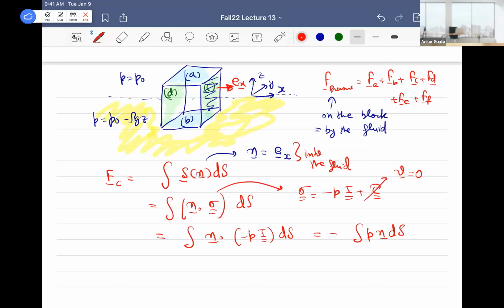So this is a negative n. The pressure force acts opposite to the direction of n, and n points into the fluid, so minus n will point away from the fluid. It's very common to remember that pressure always pushes. I've never forgotten this line. A hydrostatic pressure always pushes. It can only have a push force. It cannot have a pulling force.